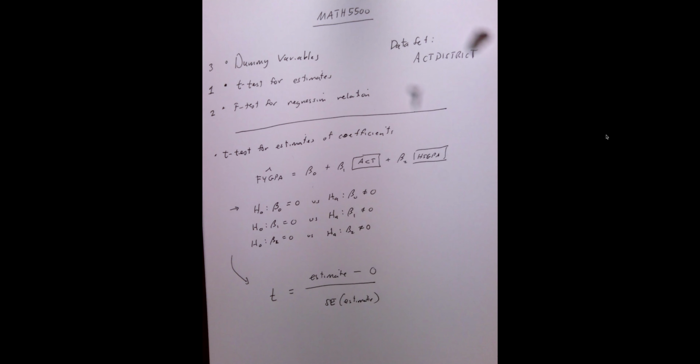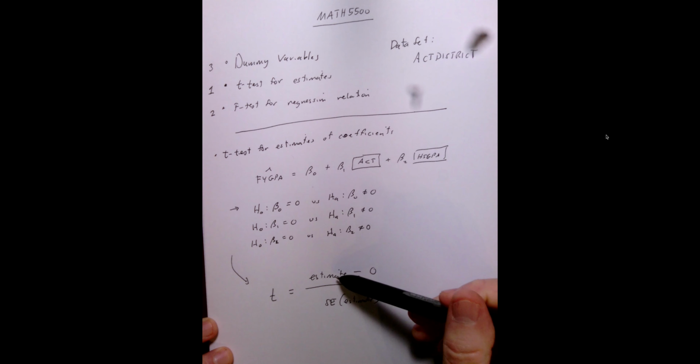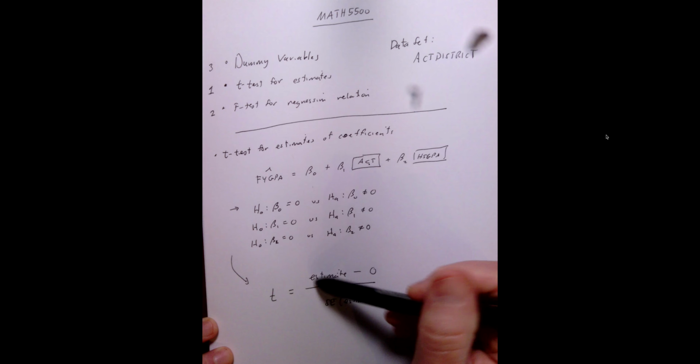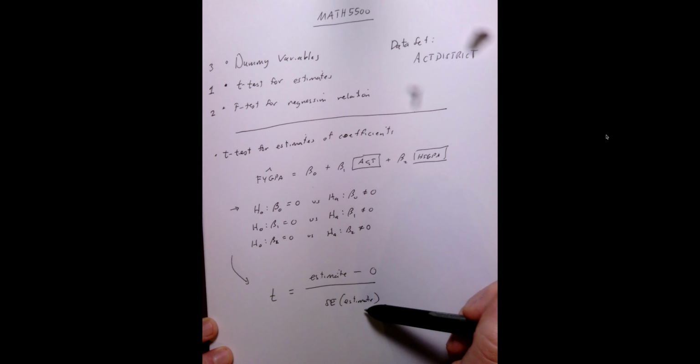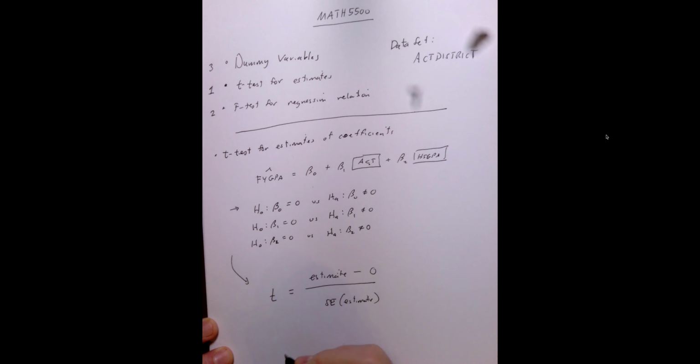And I'm not going to run through each of these because it's pretty self-explanatory, at least from the background that we have now. The estimate is just the coefficient that we get from the R output. There are multiple ways to find that, and then the standard error for that particular coefficient would be found using the variance-covariance structure for B, which we've studied pretty much ad nauseam.